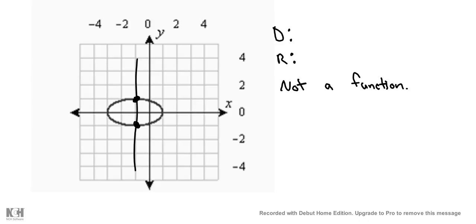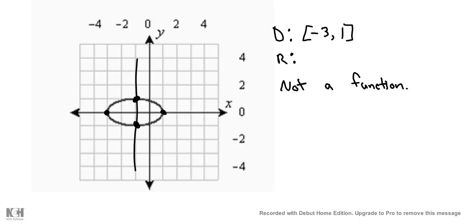I still, however, have to determine the domain and the range. Well, remember, the domain is all possible x values. Well, x is run left to right, so here's the smallest x value, -3. 1, 2, 3 to the left. Here's the farthest x value to the right, positive 1.